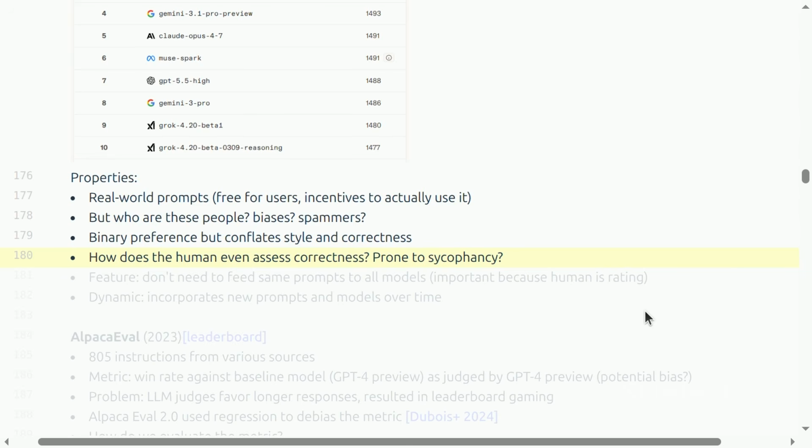So if I give you two answers, how are they to judge which one's correct? And then there's also the problem of sycophancy, where maybe more pleasing answers are going to be upweighted highly compared to correct but honest answers. So there's a lot of potential issues here.